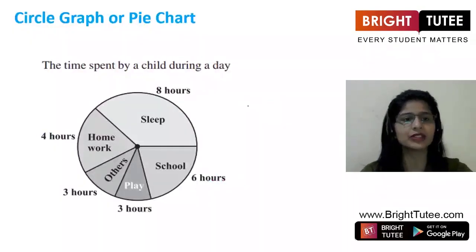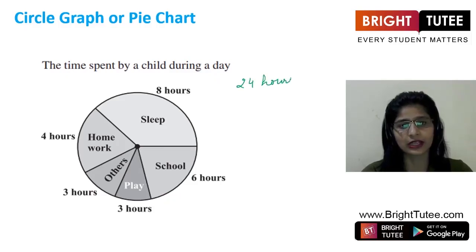So here you see a chart is made. The time spent by a child during a day. We know in a day we have 24 hours in total, right? Out of those, the child sleeps 8 hours a day.